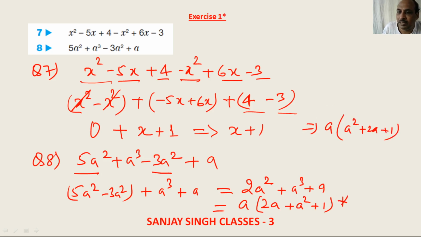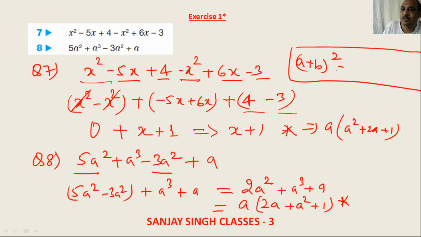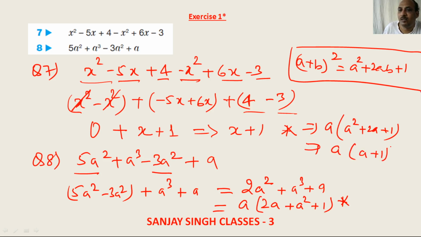You may be aware that (a plus b) whole square is the formula, which is equal to a square plus 2ab plus b square. So this a square plus 2a plus 1 is (a plus 1) whole square, and we can write a into (a plus 1) whole square.